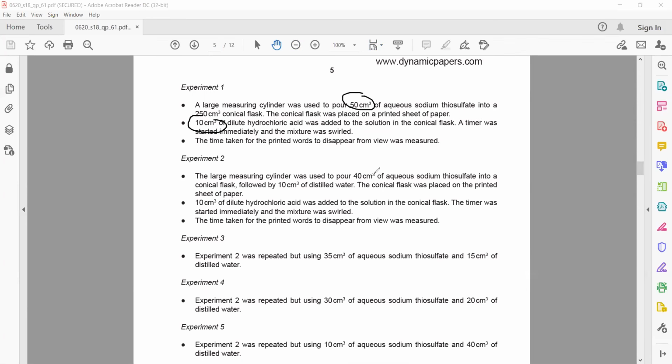In the second experiment, we took 40 cm³ of thiosulfate, 10 cm³ of hydrochloric acid, and 10 cm³ of distilled water, so that the total volume of the solution will be 60. Here also 60: 35 cm³ of sodium thiosulfate, 15 cm³ of distilled water, then 20 cm³ of distilled water, then 40 cm³ of distilled water.